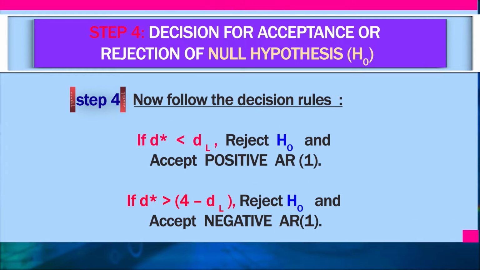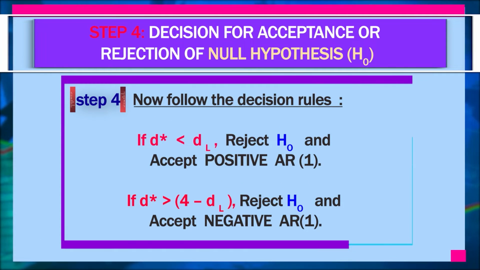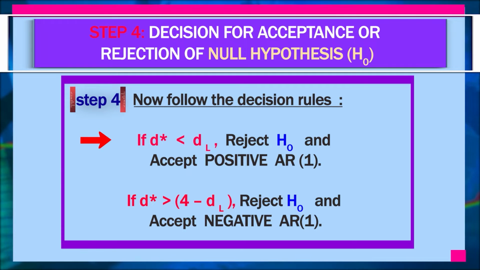What are the decisions that we follow here as step number 4? Step number 4 is very crucial because we arrive at the decision of either accepting or rejecting the null hypothesis. The computed value of the Durbin-Watson D statistic is D star. If it is less than the critical lower value DL, then we accept that there is positive autocorrelation of order 1.